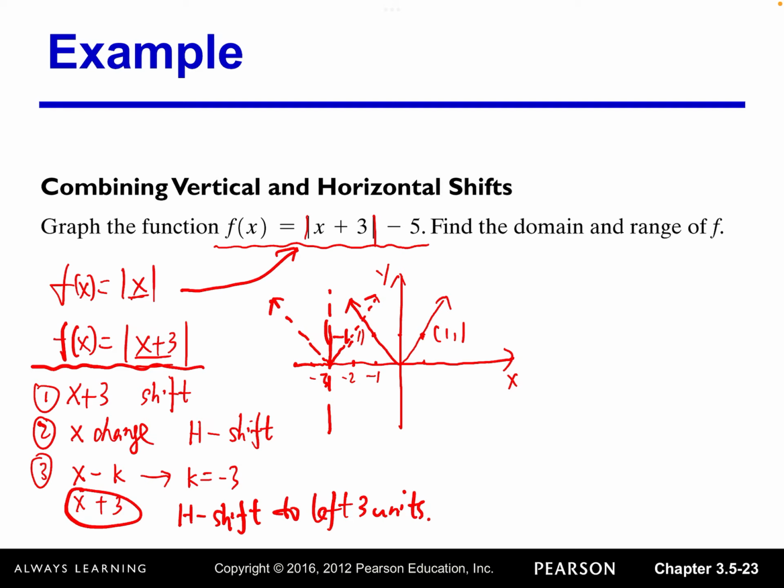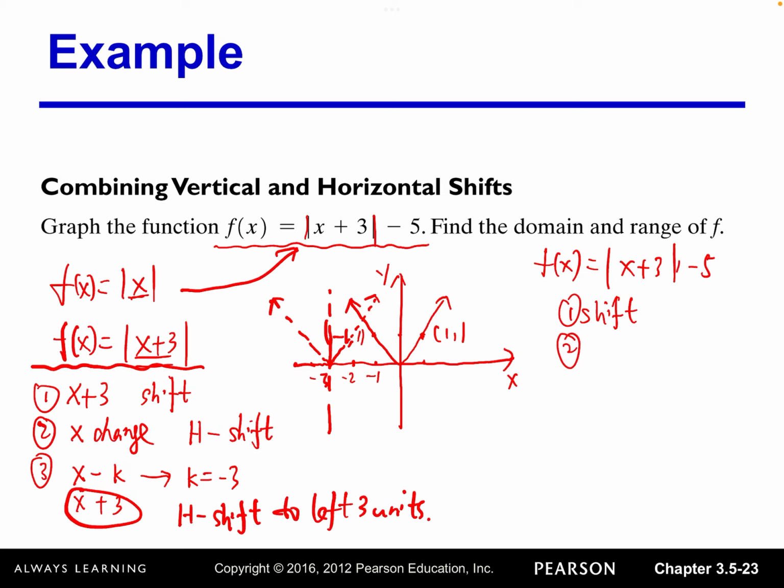But eventually we want to get the absolute value of x plus 3 and then minus 5, right? So we need one more step of transformation. So from f of x equals absolute value of x plus 3, and then outside we minus 5 again, right? So minus 5, plus or minus, so still a shift. Okay, so this time is it an x change or y change?